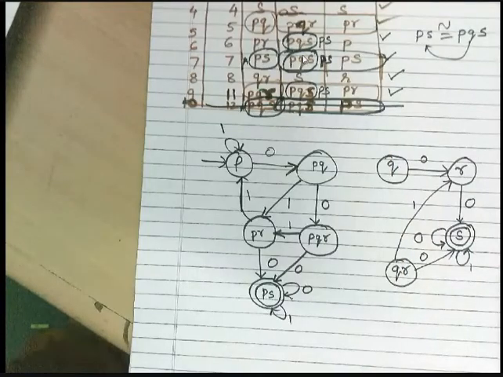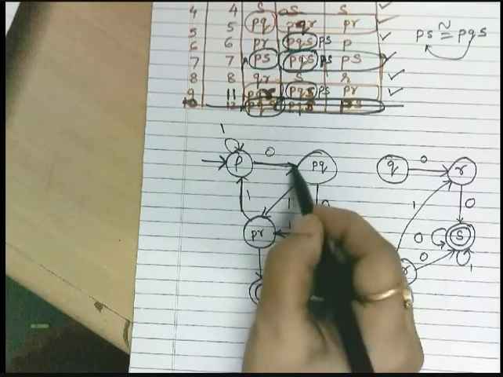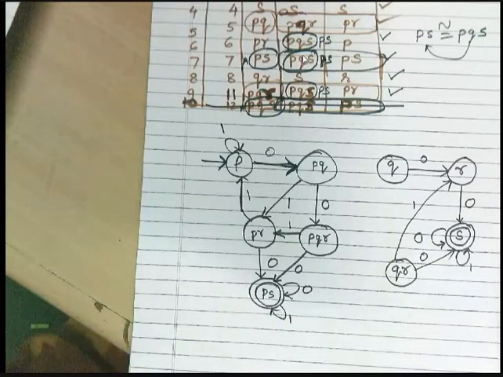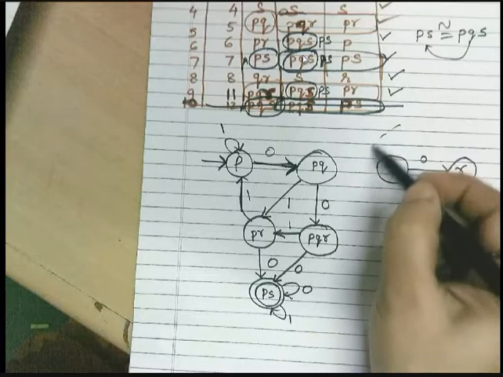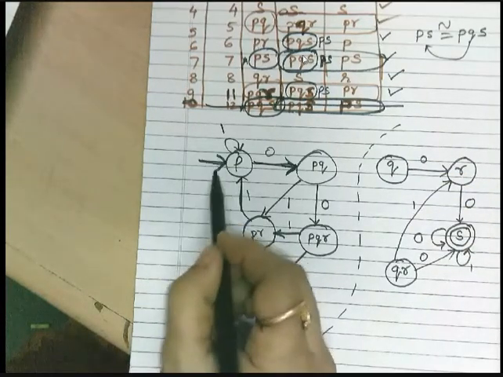Okay. Now what is your observation? Even though this is a minimized DFA, you can see that QR and QS, this particular part, is not reachable from the initial state.